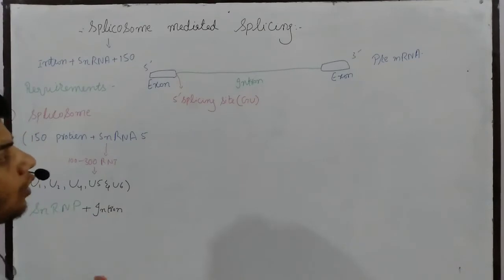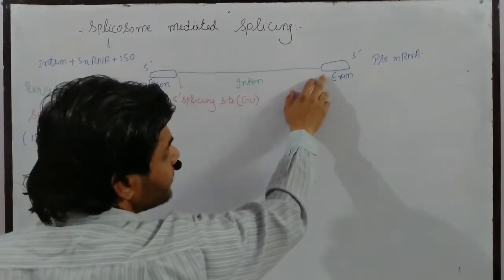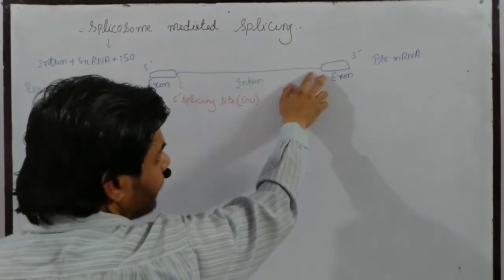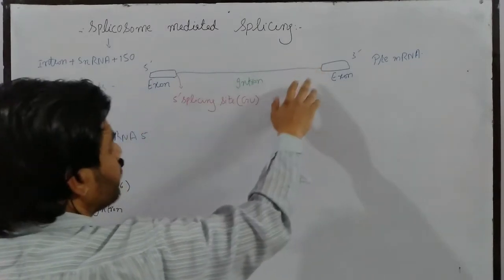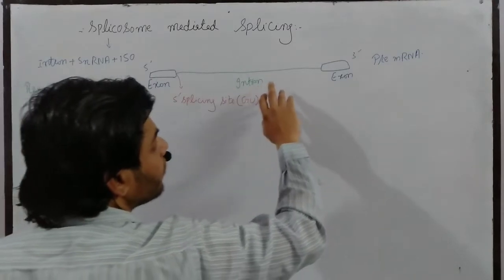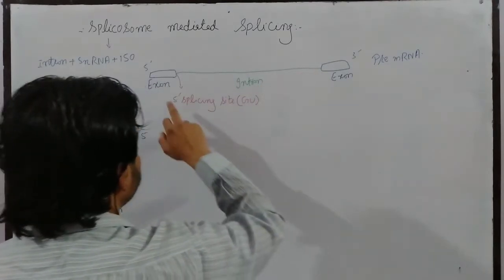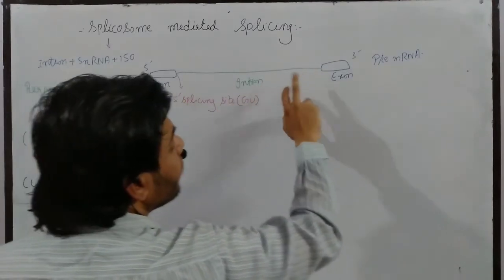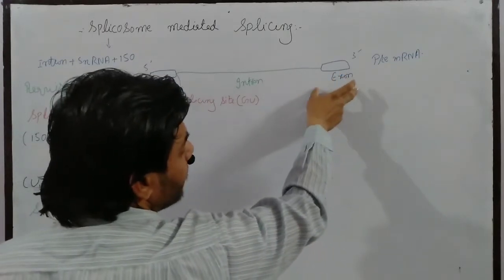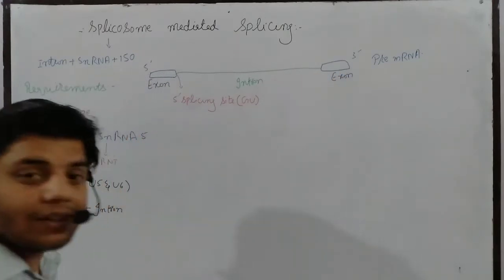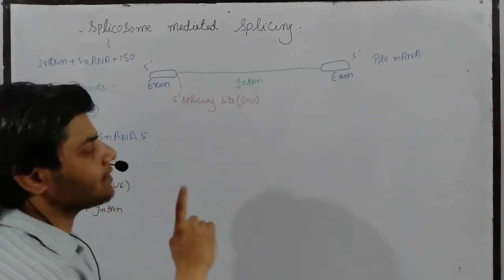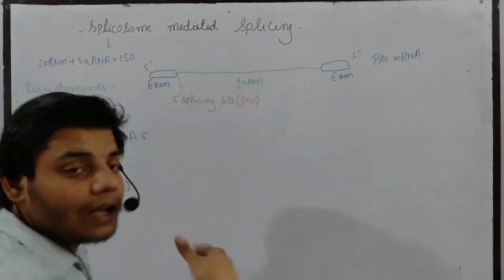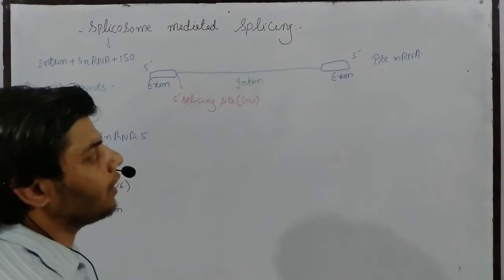Now remember, between the 3' exon and the intron we have another splicing site. We call that the 3' splicing site, and here we have the nucleotides adenine and guanine, AG.